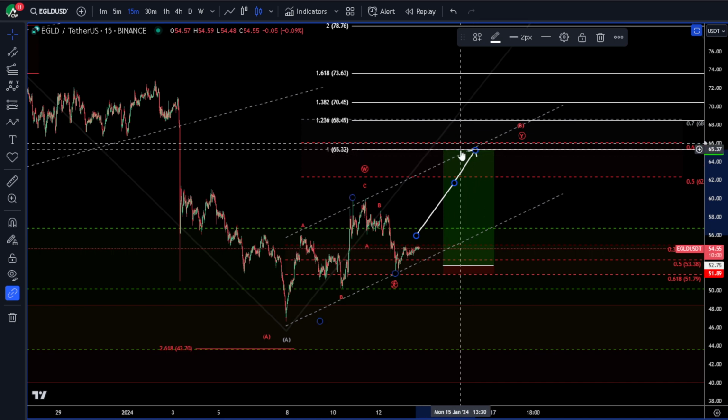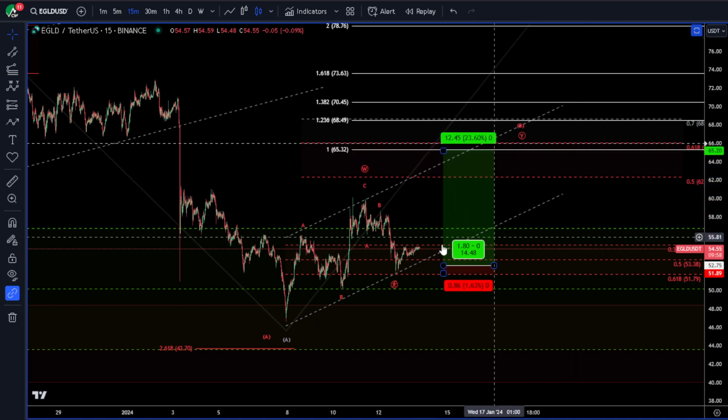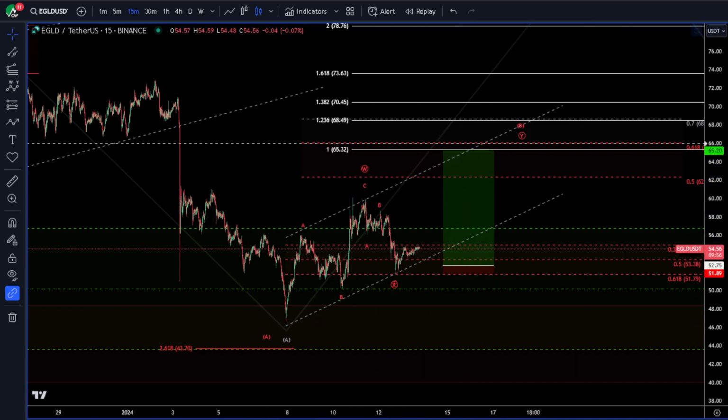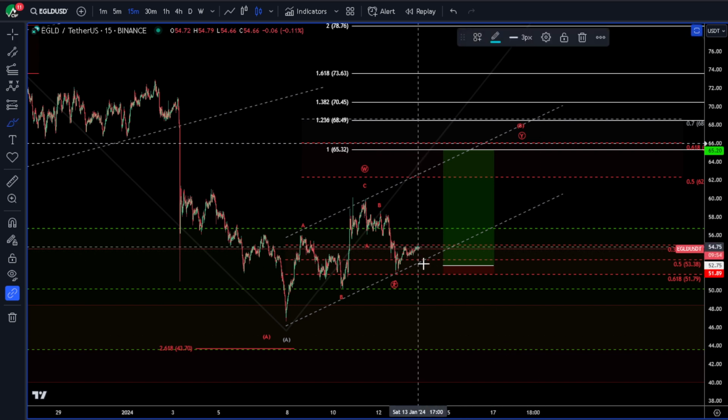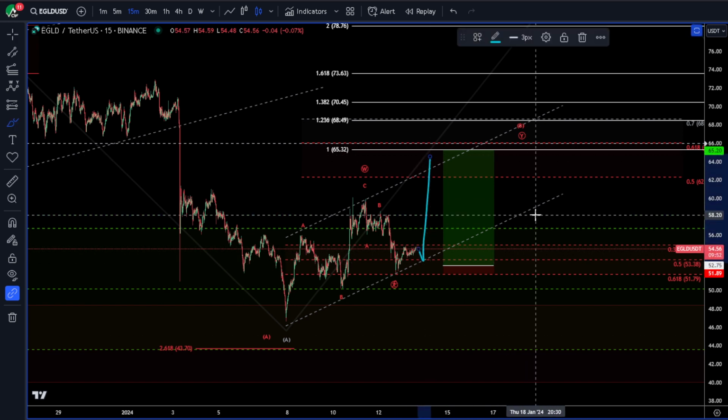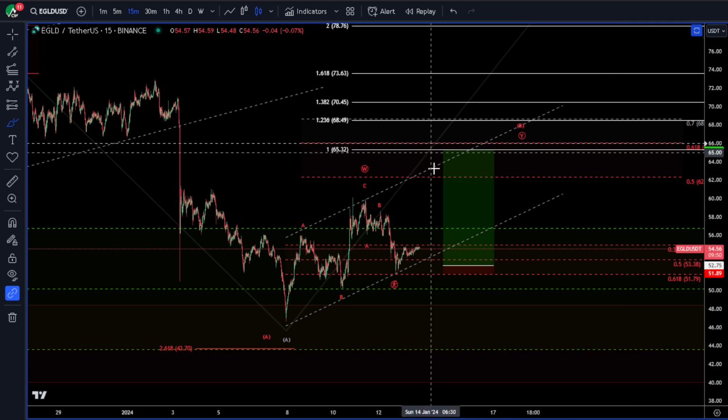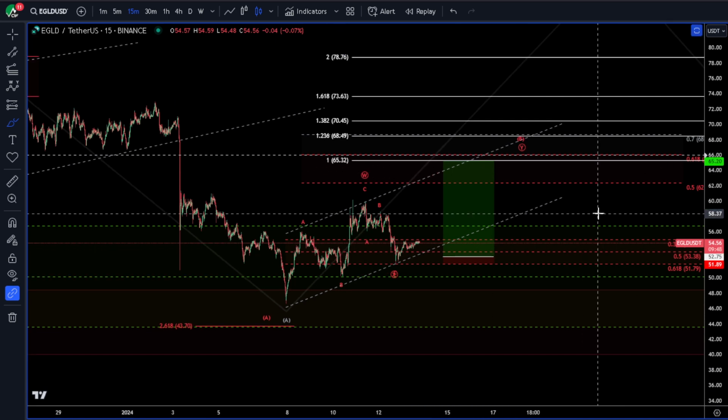I would probably close my trade there. But if this is the 1-2, 1-2, although it's looking pretty weak, and we just start taking off, well, then I might change my mind on where I take profit.